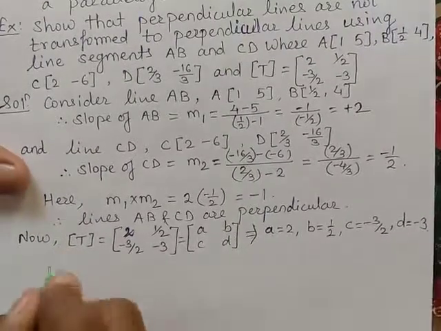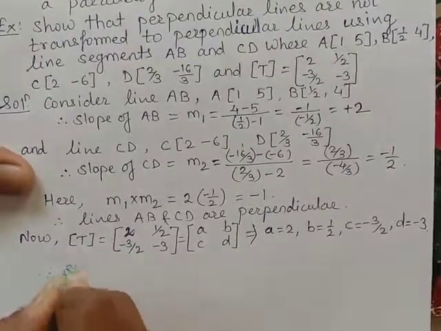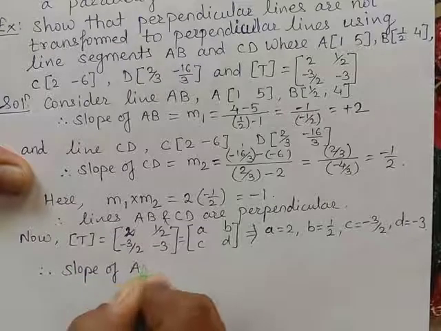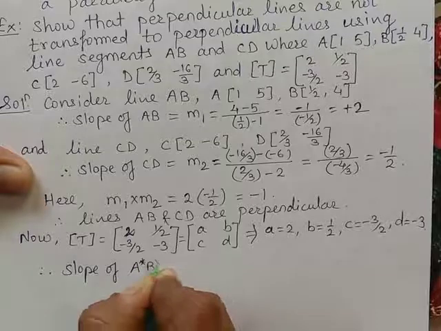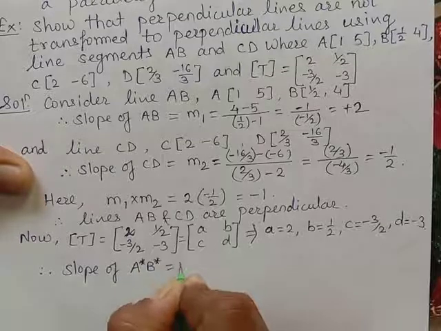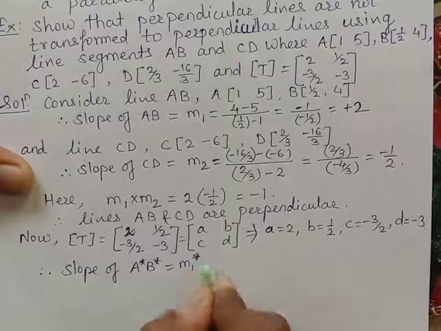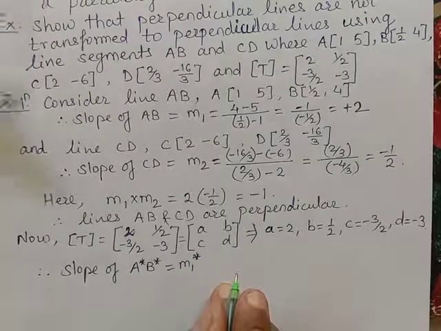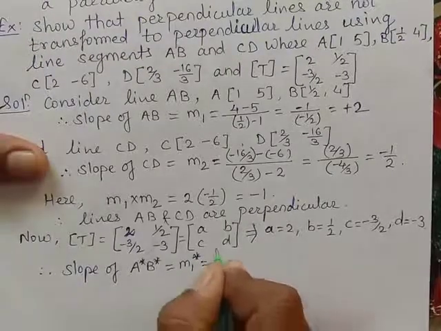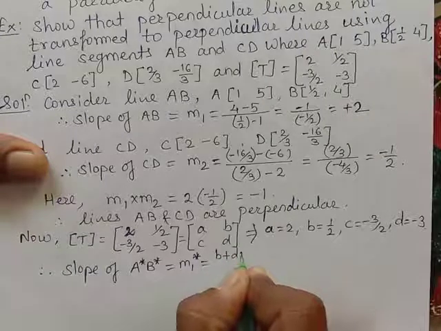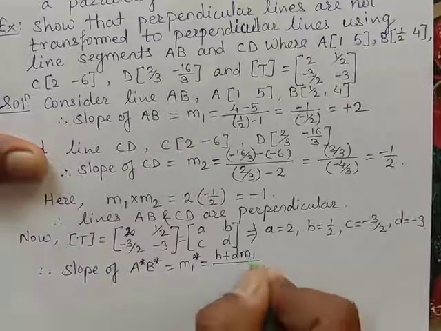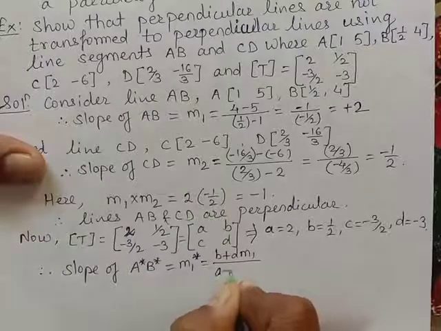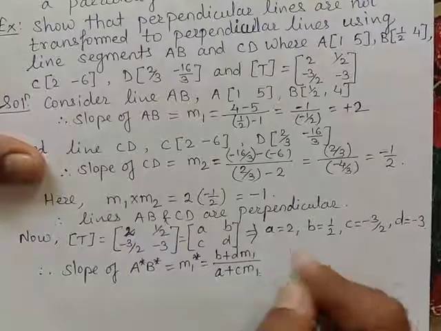So here, therefore, slope of A star B star, that is M1 star, that slope will be (B plus D M1) upon (A plus C M1).